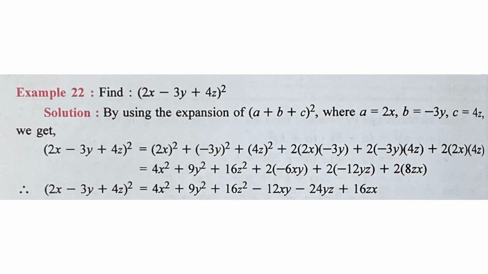(2x) whole square is 4x square, (-3y) whole square will be plus 9y square. Students, you know it very well that square of a negative number will be a positive number.